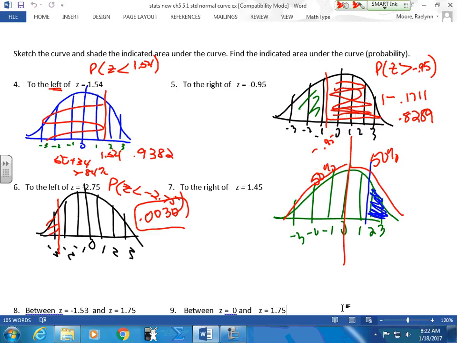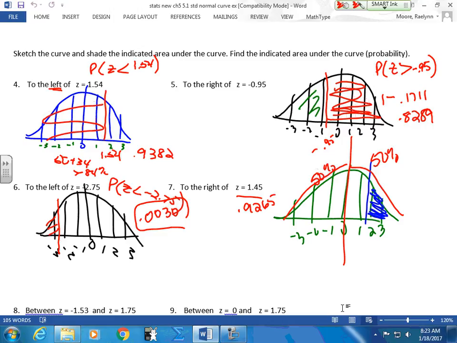Maybe? So it's low. It's got to be small. So the problem is now, when I look up this number, I get a big number. I get more than 50%. I look this number up, I get this. Could this little area be 92% of my curve?